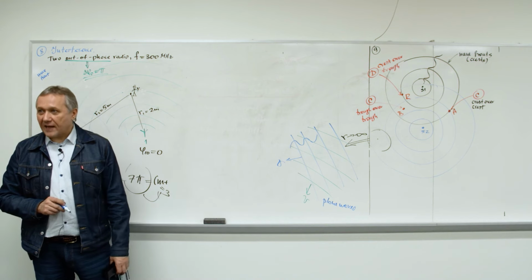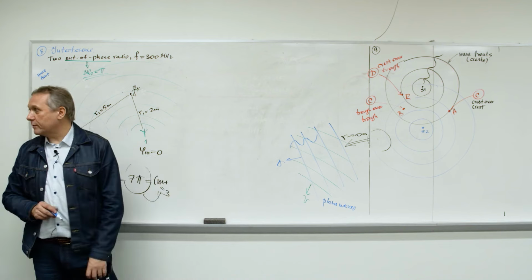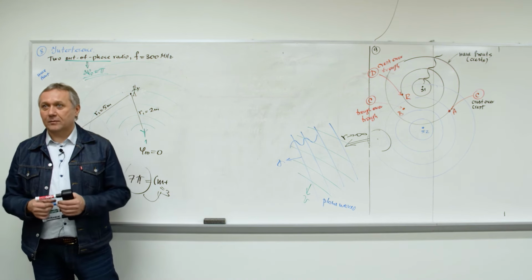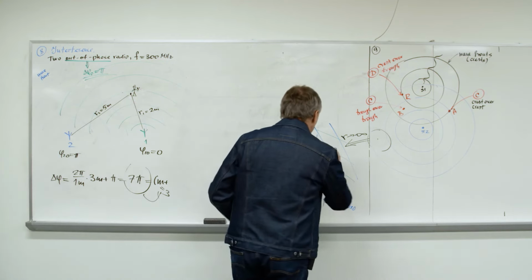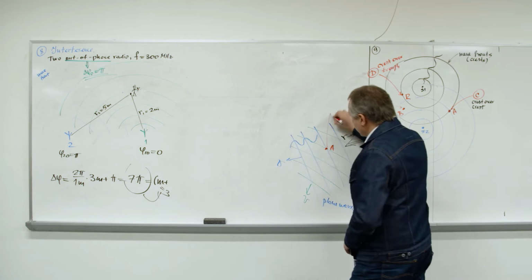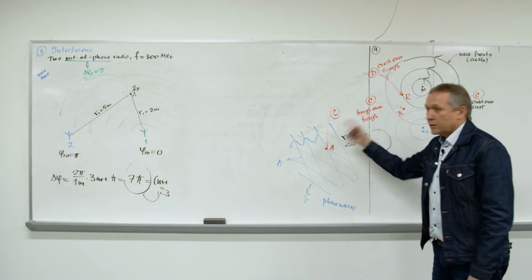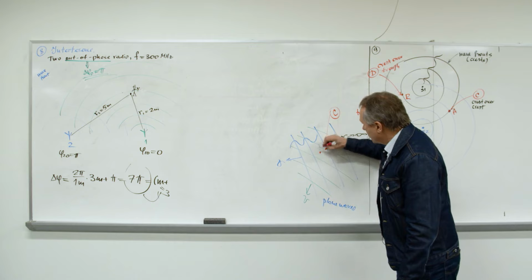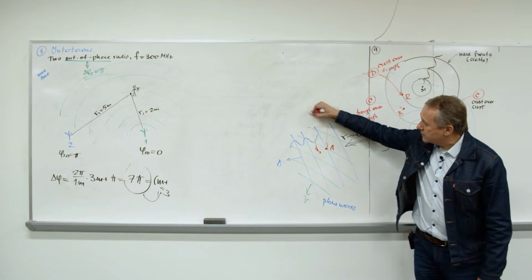And I can ask you exactly the same questions. I can pick any point, like over there, and the analysis is exactly the same. Where are the crests, where are the troughs? So, for example, if I take this point, point A, we're going to see, obviously, constructive interference, crest over crest. If I take this point, trough over trough, still constructive interference.